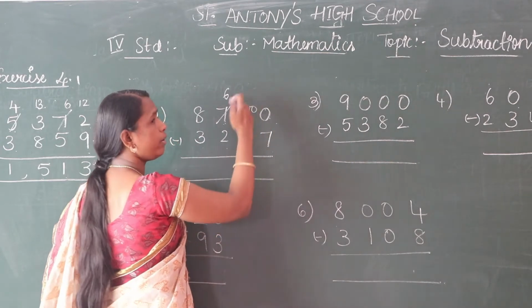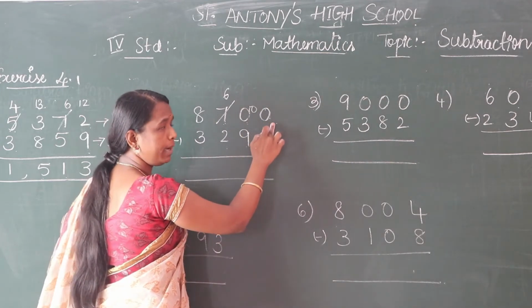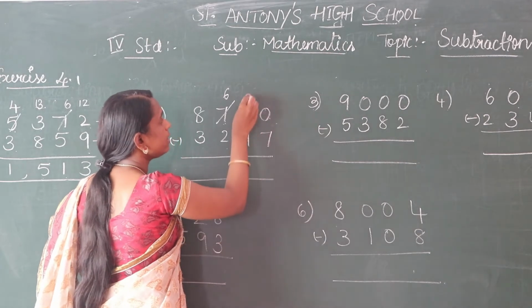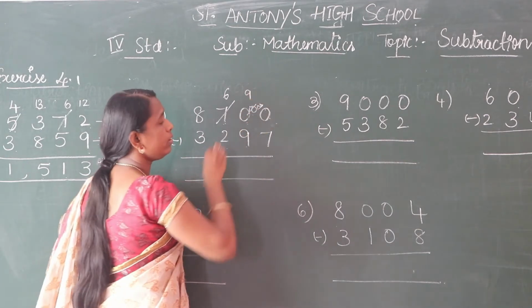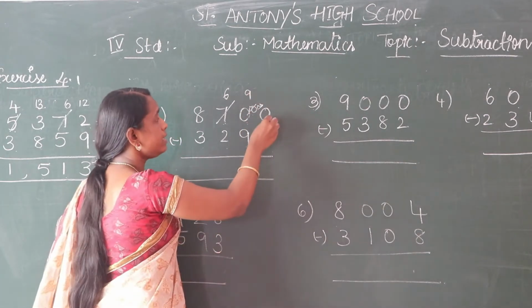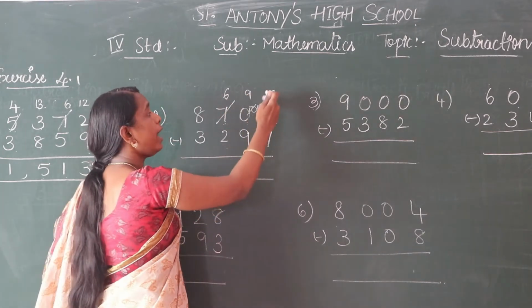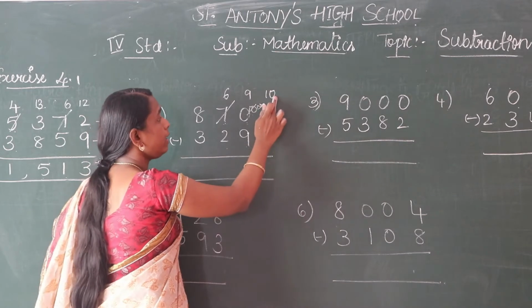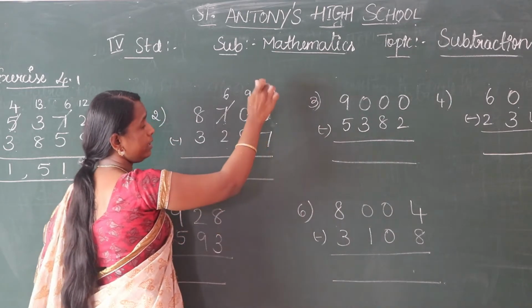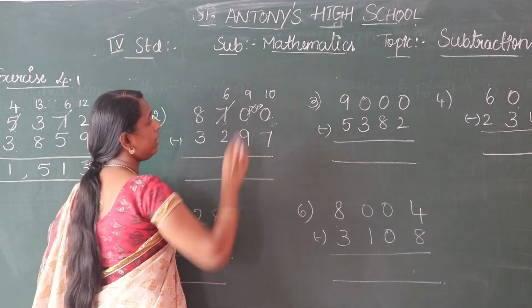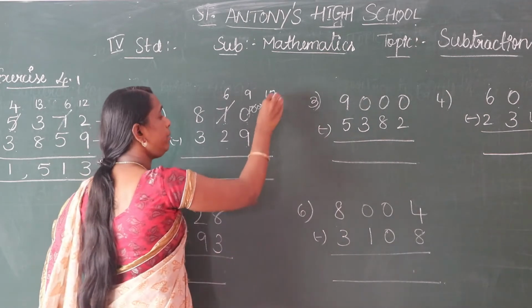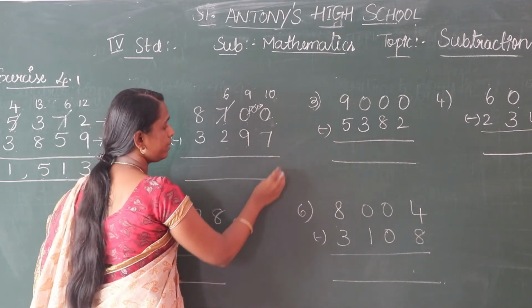This 0 becomes 10. Again we take borrow from tens place for the unit place. This 10 becomes 9 because we give borrow to the unit place. This 0 becomes 10. So while borrowing, we have to add 10 to the number. 10 plus 0, 10. 10 minus 7, how much?